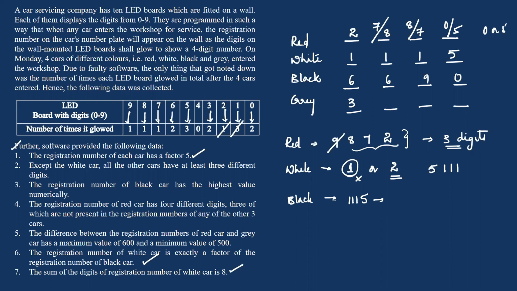Okay. Now we have used only 2 5s or only 1 5. So this should be ending with either 5 or 0. And this number should also have one more 5. So 5 here, 1 5 here.